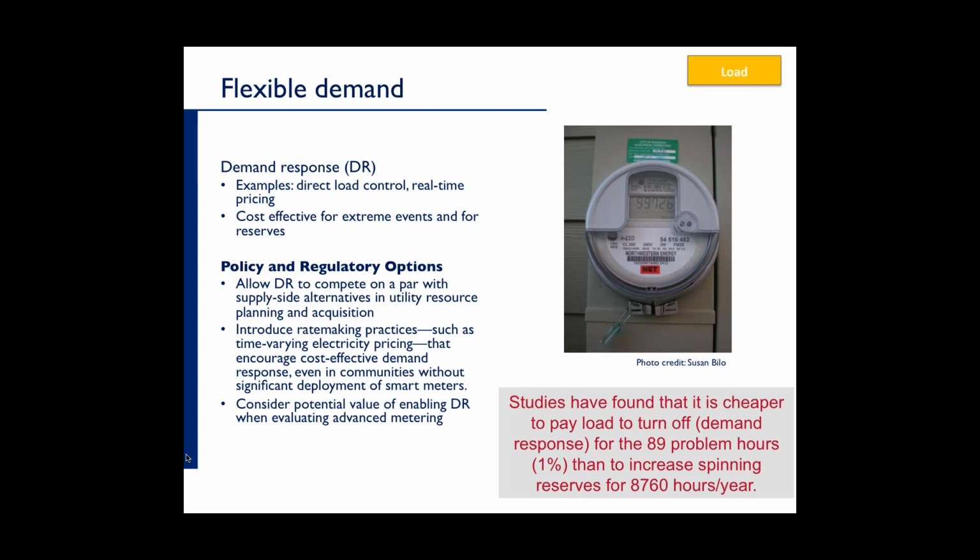We can also look into flexible demand. There are many ways that this could be implemented, and different countries are going to find different potential and different ways of going about this. But this could be direct load control or real-time pricing.